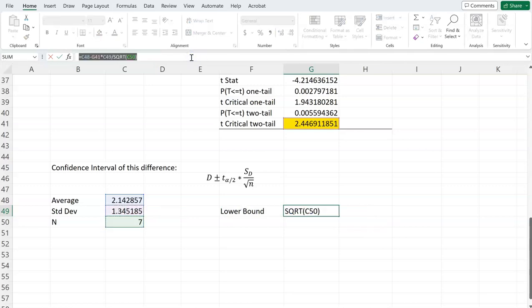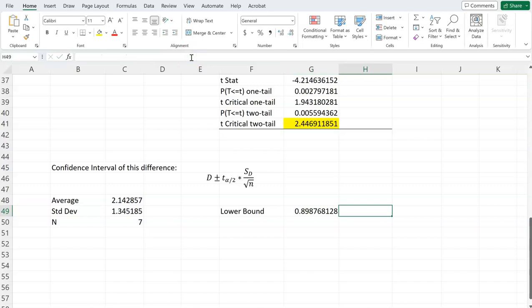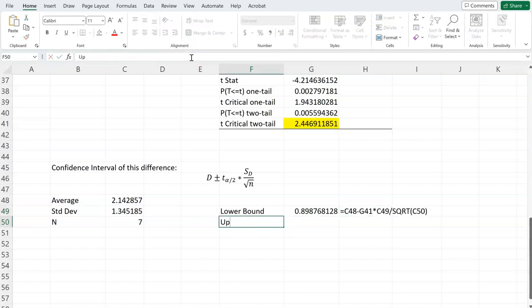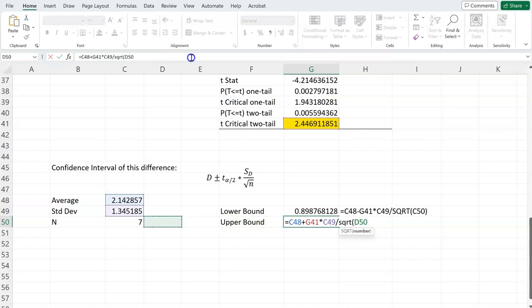So then we can write that here, and the upper bound will be the average plus the t-value we have times the standard deviation divided by the square root of 7.